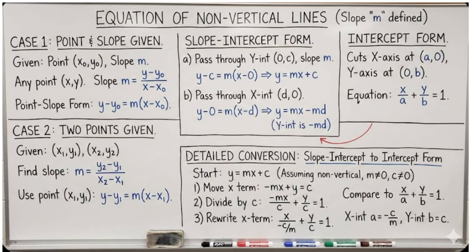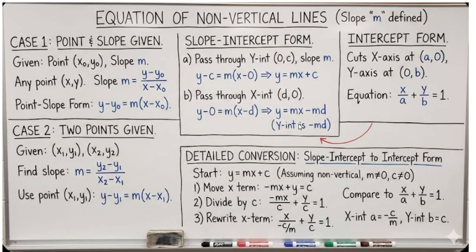Now one question may be asked: if it passes through the x-intercept, can it also have a y-intercept? The line extends infinitely in both directions, so it may intercept the y-axis also.